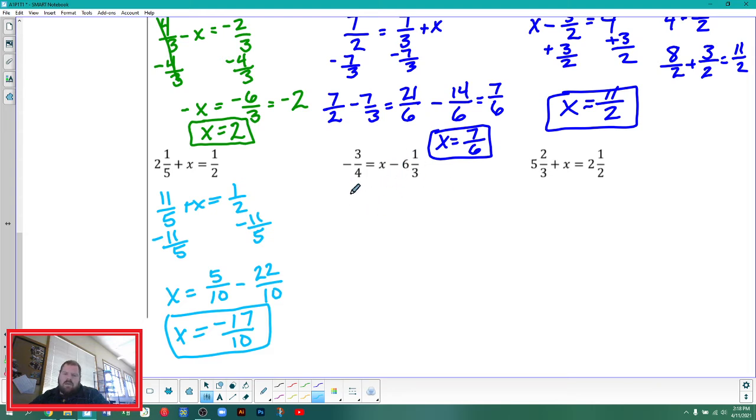Next one, I do want to turn it into improper fractions first, so I'm just going to rewrite. 3 times 6 is 18, plus 1 is 19. So that's 19/3. And I want to add that to both sides. And with a 3 and a 4, I think I'm going to turn them both into 12s.